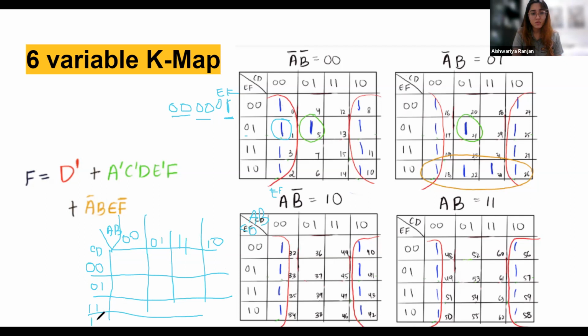And then we would have E and F on the top. So this would be E bar, F bar, 0, 0. So this box would be 0 because all of them are 0. So the value is 0. Now this box would be 0, 0, and A, B, C, D would be 0, 1, and then EF would give you 0, 0. You follow the order. So this box's value is actually 4 now.